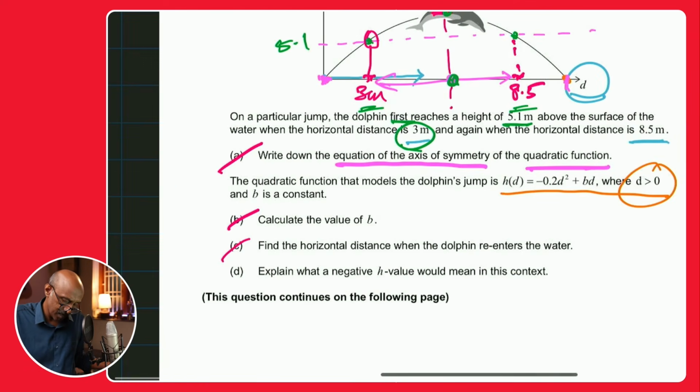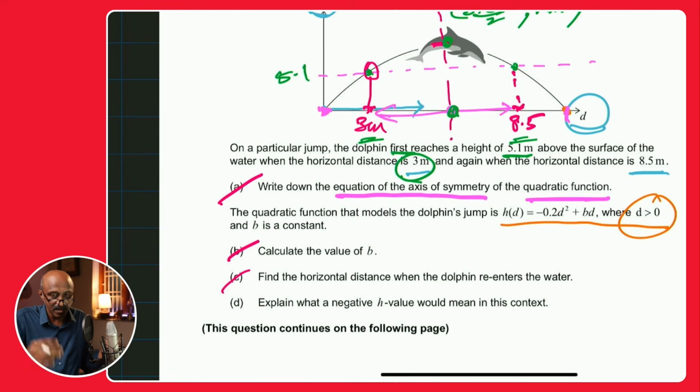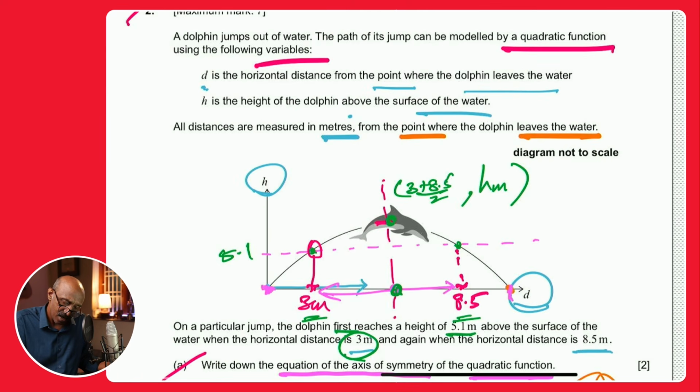I think we're going out of time again. D, explain what a negative H value would mean in this context. This is where the interpretation comes from. You're looking at this dolphin jumping, and the moment you get the value of H as negative, it literally means that the dolphin has gone below the surface of the water, because this one says it leaves a water surface.